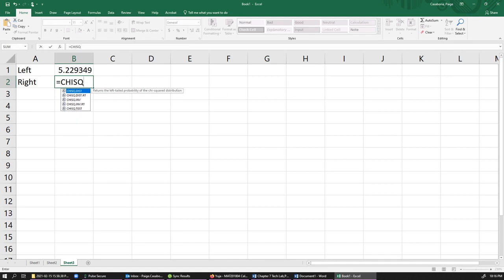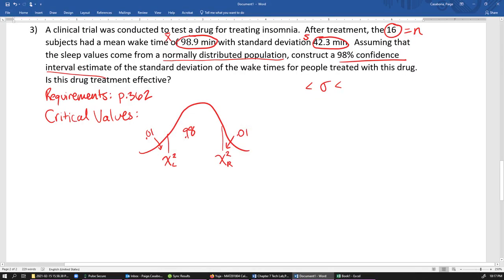And then I'm going to do the same type of thing for the right side, chi-squared.inverse, but I'm going to use the right-tailed version so that this 0.01 here can be the area to the right. My degrees of freedom is still the same. All right, so we've got our left value and our right value. These are going to go into the formula for our interval estimate for the standard deviation.